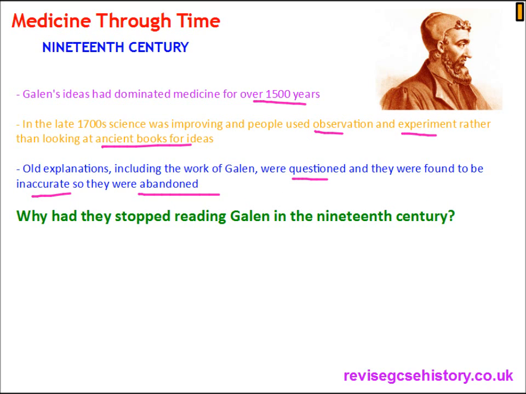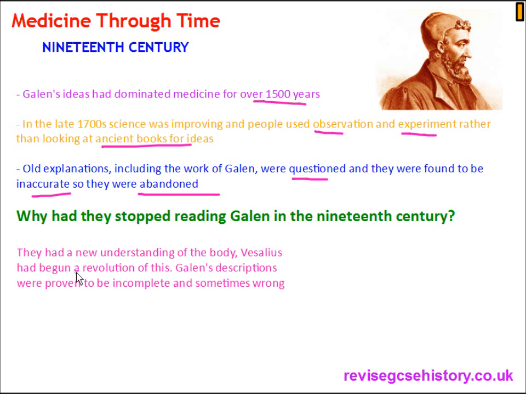They had a new understanding of the body. Vesalius had begun a revolution of this when he proved that some of Galen's ideas were wrong. For example, Vesalius proved that there were no holes in the septum, and Galen had previously said there was.